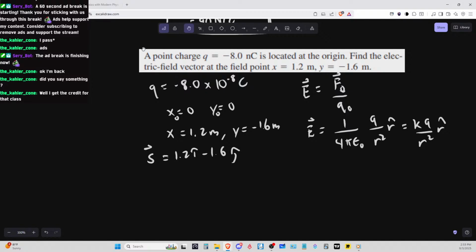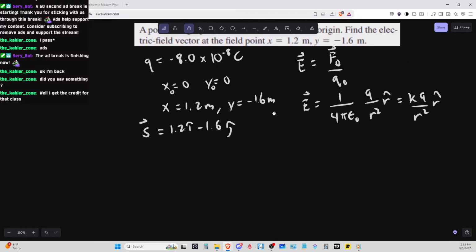Okay, find the electric field vector at the field point. Okay, so it's from the origin. If we draw this, oops, I forgot I didn't have my pencil out.